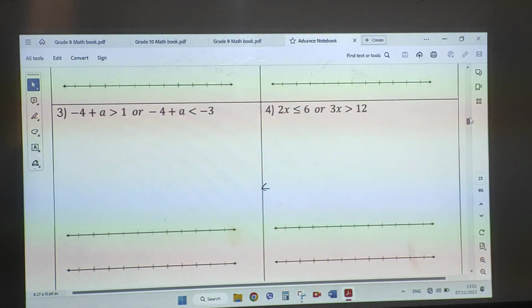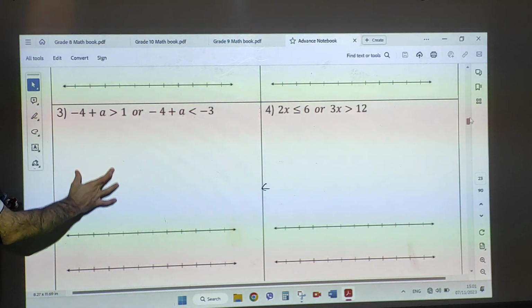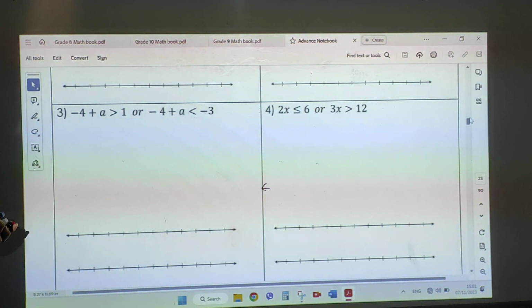It tells you in between or. Directly you start solving this one alone and this one alone.